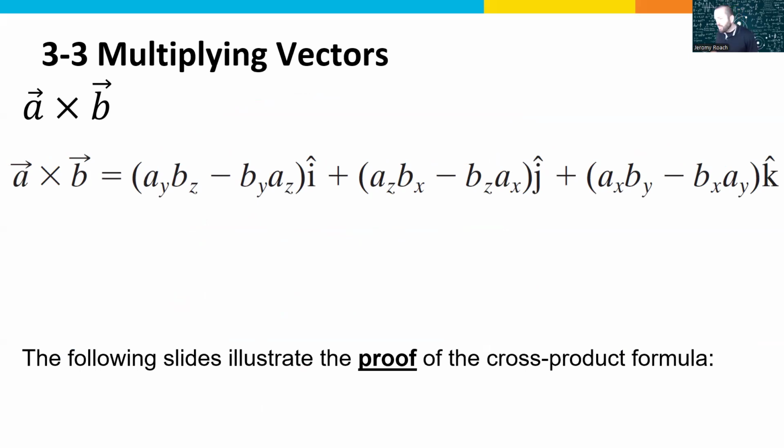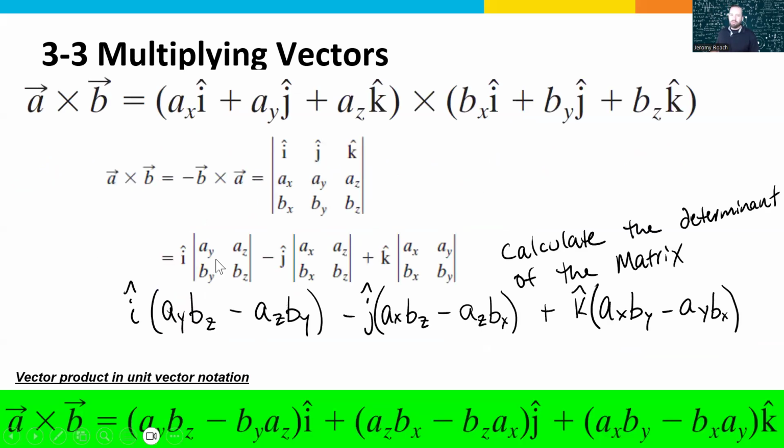All right. I believe this next part is a proof, and this gets a little bit beyond the scope of what I would like to get into with this class. But this is a proof on how we would multiply these vectors. This just says vector A cross vector B, but this is the formula for the vector product in unit vector notation.